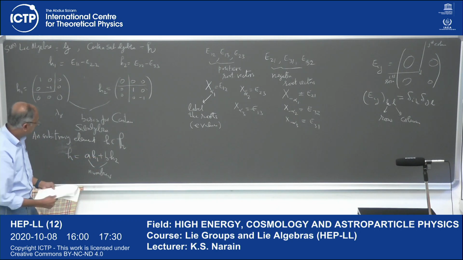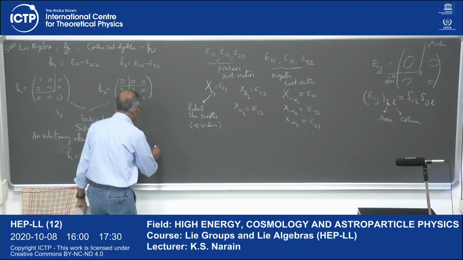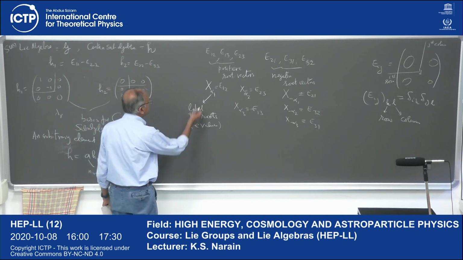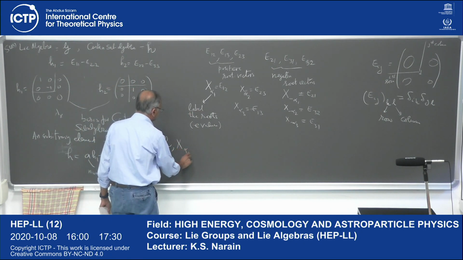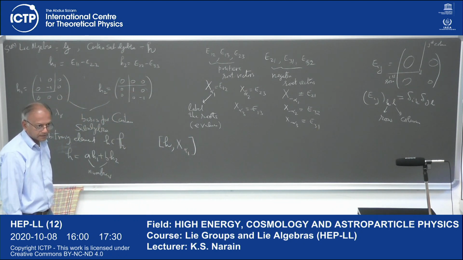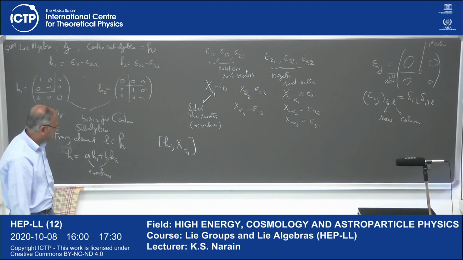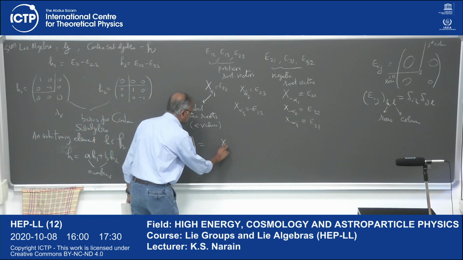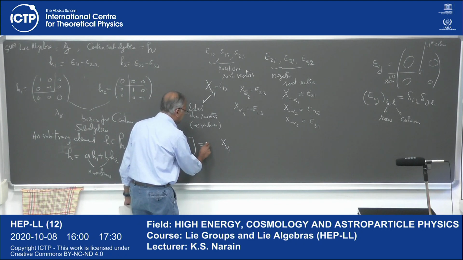That's right. So what we now want to find out is the eigenvalues, the roots basically, right? So in other words, we are looking at H commuted with, say, X alpha 1. Let's look at this commutation relation. If this is an eigenvector, it's going to be again X alpha 1 times some number.